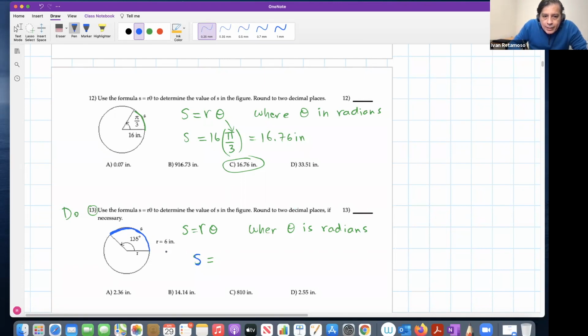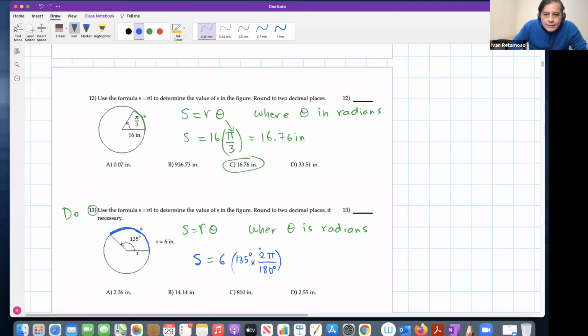All right, let's do it together. The radius is 6 inches. The angle is not in radians, but it is not hard to convert this angle to radians by multiplying the angle by 180 degrees here and 2 pi radians on the top.